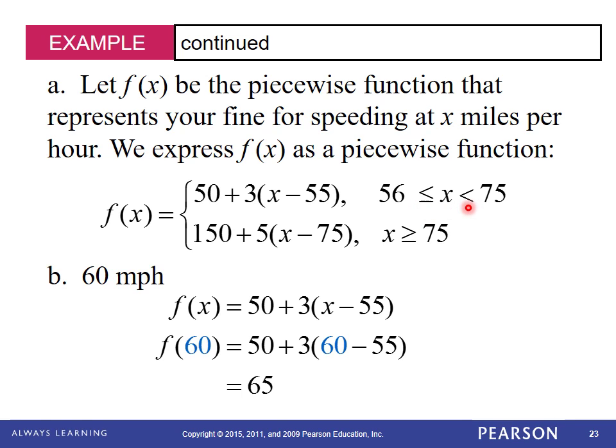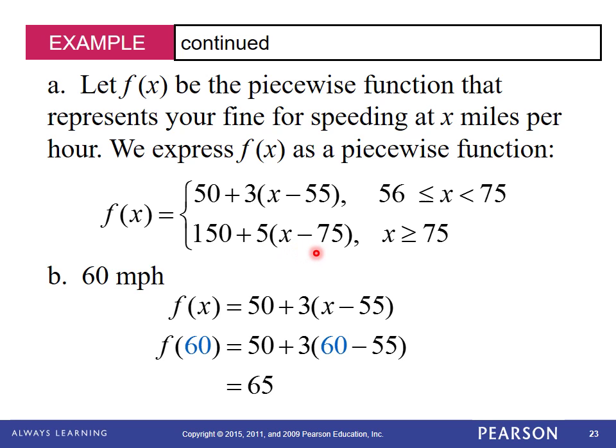They're not specific here, but that's okay. And if you are traveling 75 miles per hour or higher, here's your domain restriction. Again, $150 right away, $5 for each mile you go over.